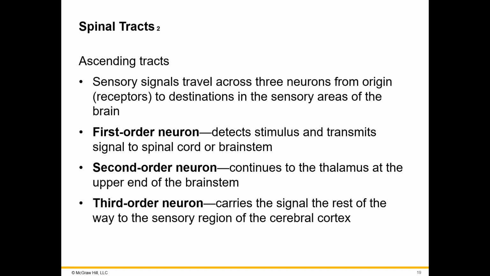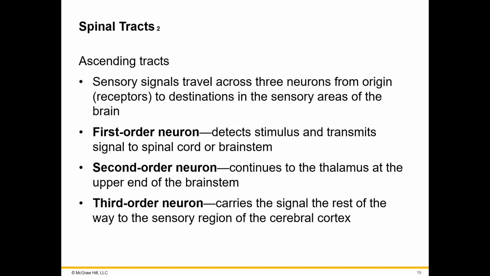And then the third order neuron would pick up the signal and carry the signal the rest of the way to the sensory region of the cerebral cortex. Now that third neuron is going to take you to the computer center.